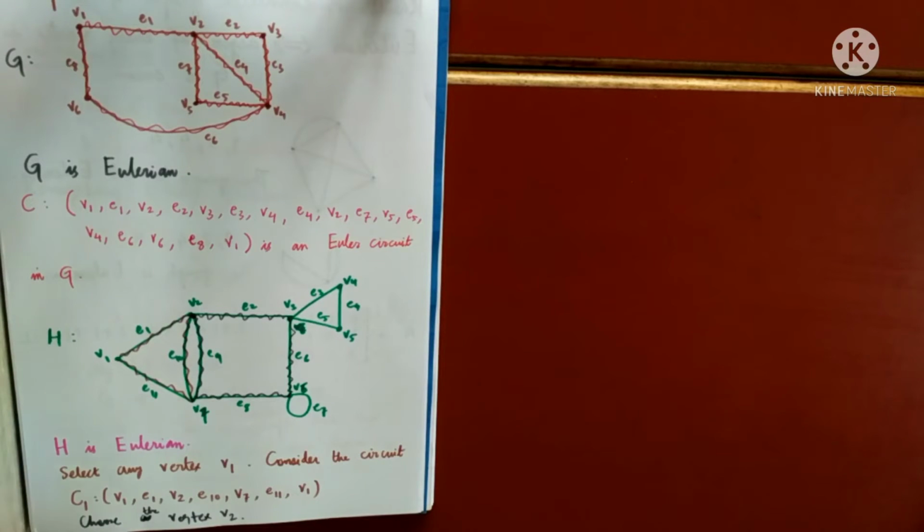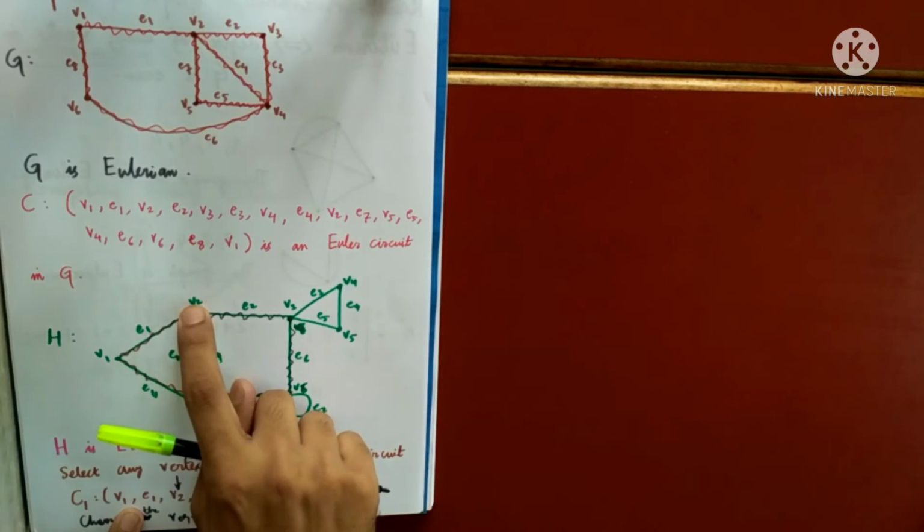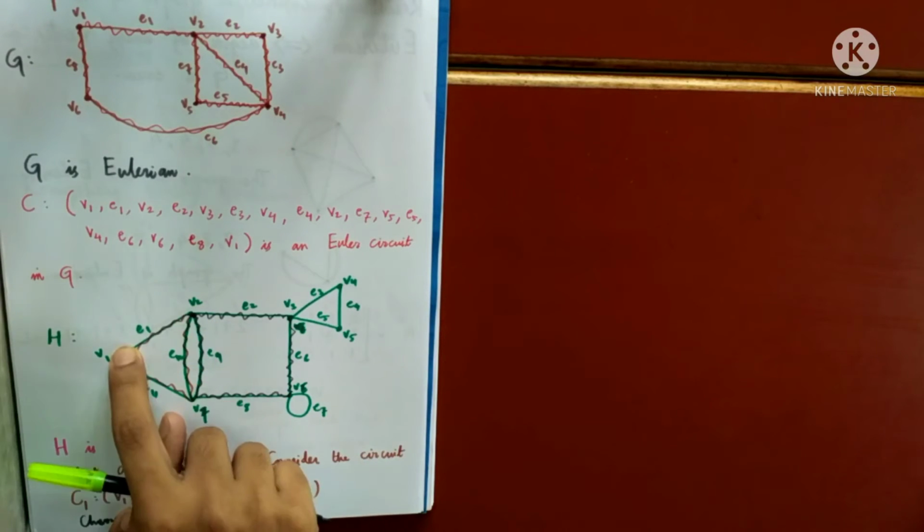My circuit C2 starts at V2 and ends at V2. So instead of this V2, I will write here the circuit C2. So my new circuit will be V1, E1 and the circuit C2.